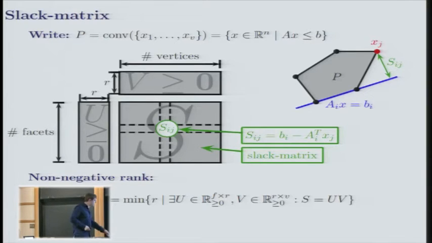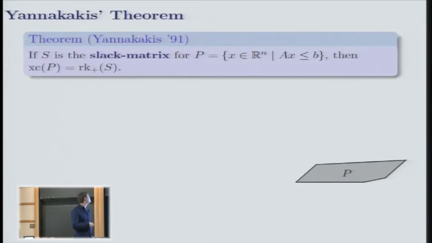If you remember the usual rank that you know from linear algebra, there you would not require that the factors are non-negative. So this is the variant of the usual rank, and it is obviously at least as large as the usual rank. Now, where's the connection between these slack matrices, the non-negative rank, and the extension complexity of a polytope?